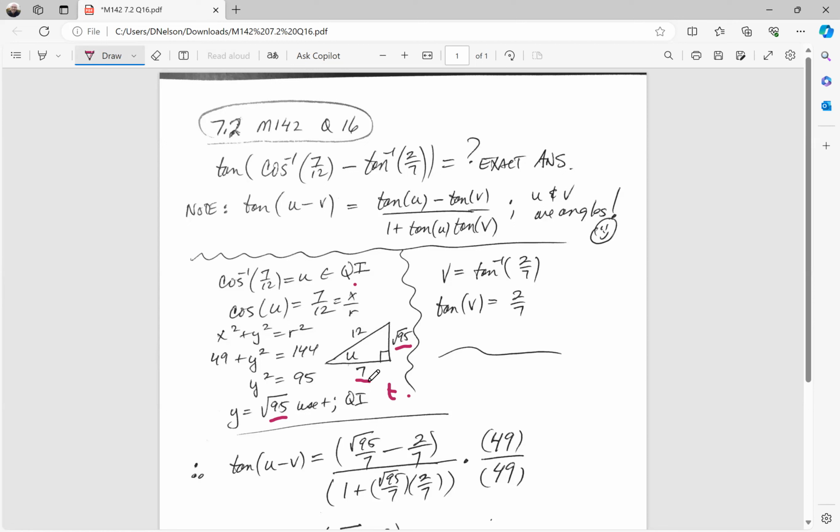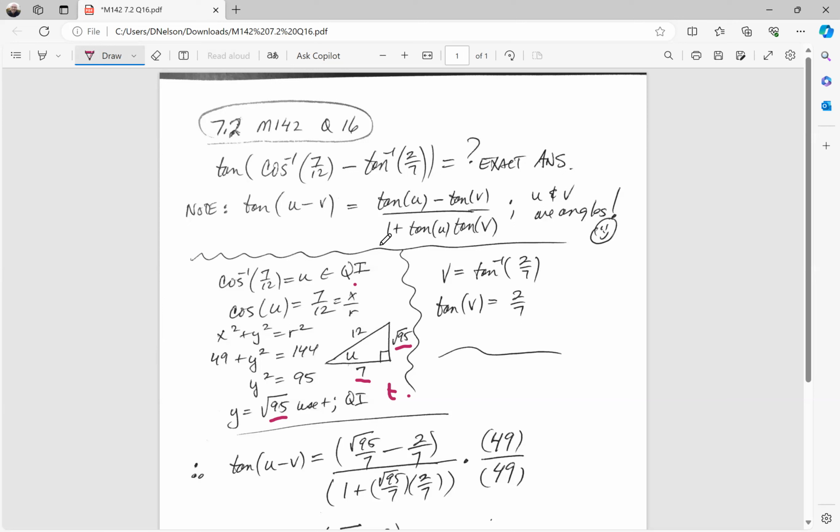That would give us the tangent of u. And then I know that v is equal to the arctangent of 2/7, so tangent v is equal to 2/7. I need the tangent v and the tangent of u. Tangent of u is square root of 95 over 7.